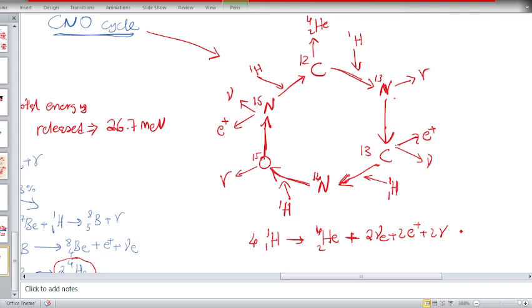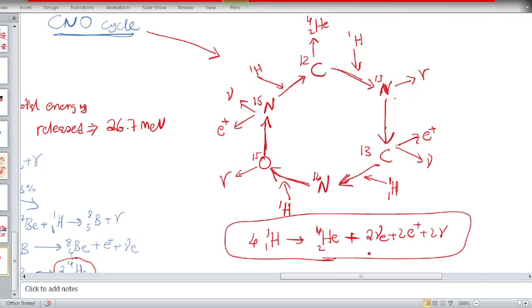You just check this final equation. So 4 protons are used, 1 helium nucleus is created at the final output, and we have 2 E plus, 2 gamma, 2 neutrinos. This total interaction will give you a release of energy Q, that is nothing but the value 26.7.